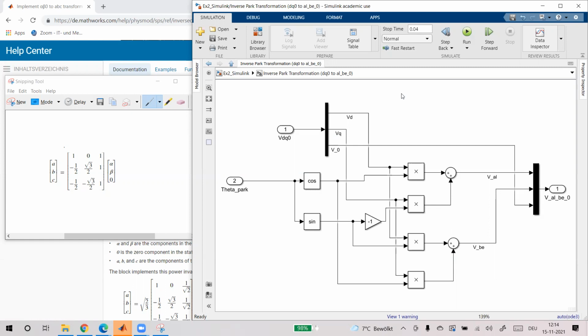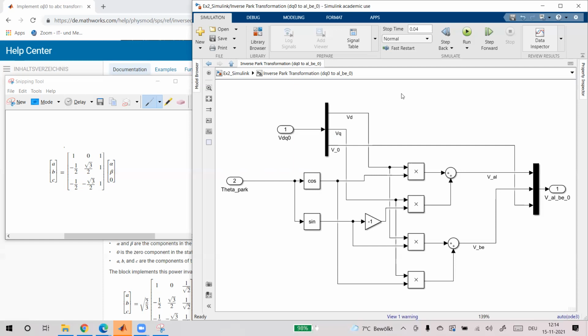Let's change the name. Alpha. Also write 0. And can you open this model? You never do anything with the 0, right?